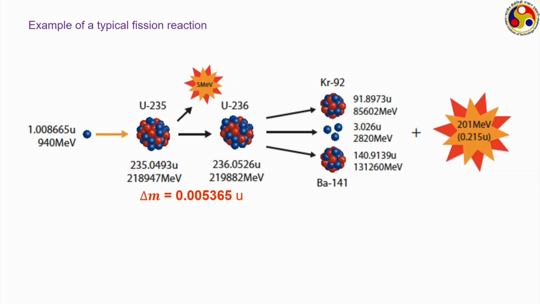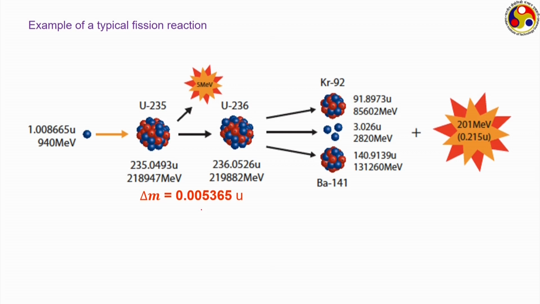You can calculate this number just by looking at the AMU values beside each of these nuclei. For the neutron it is 1.008665, whereas for U-235 it is 235.0493, and in the same way we can calculate for the others. So this mass defect of 0.005 AMU during the first stage corresponds to approximately 5 MeV of energy. So, 5 MeV of energy will be released during the first stage.